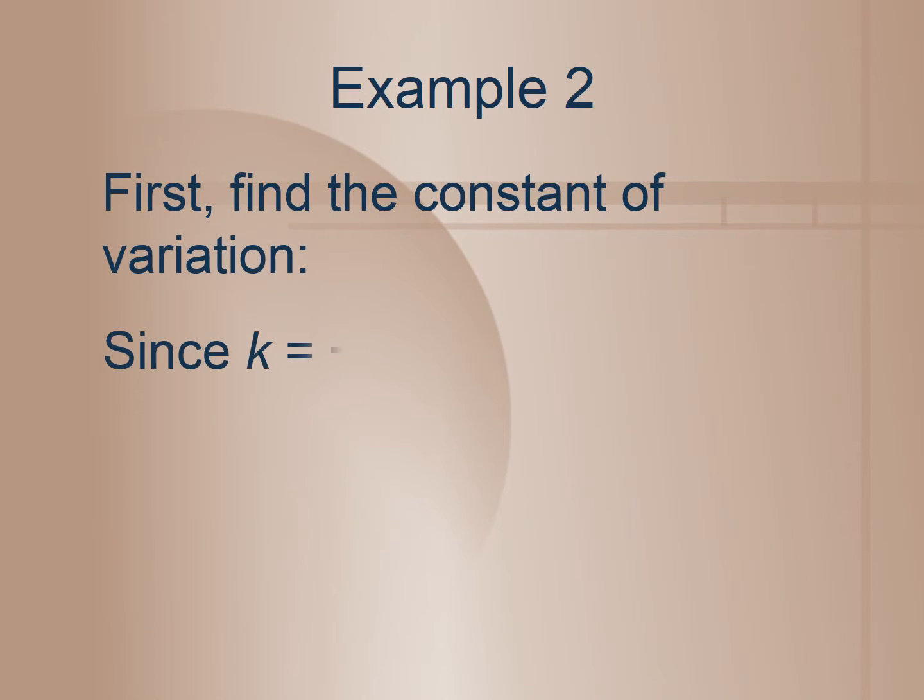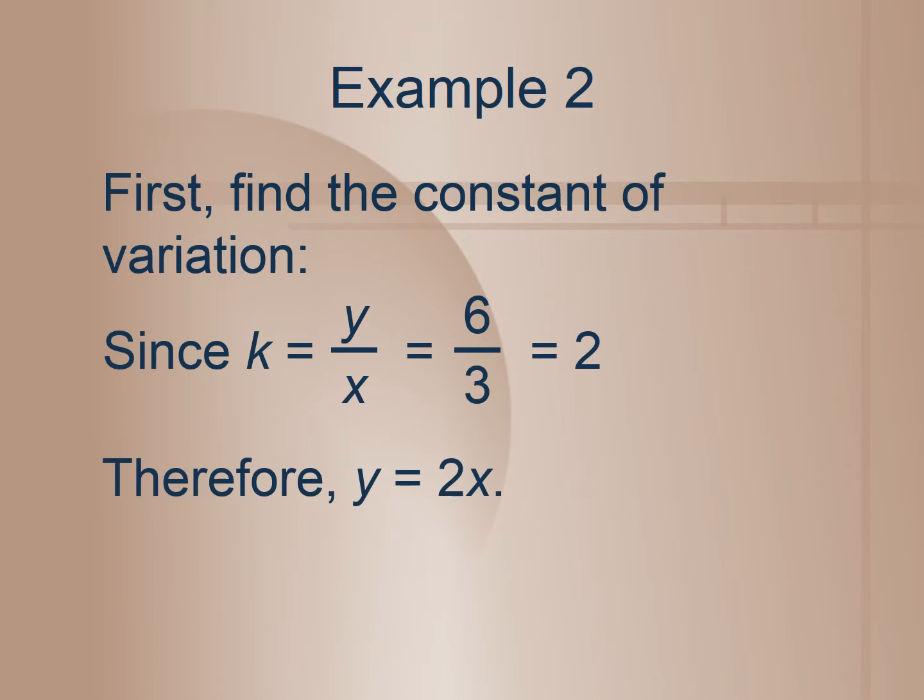It's 6 over 3, and since 6 over 3 is 2, that means our k value, or our constant of variation, is 2. Now when we want to write our function rule, remember our function rule is y equals kx. Since we know that our k is 2, our function rule is y equals 2x.